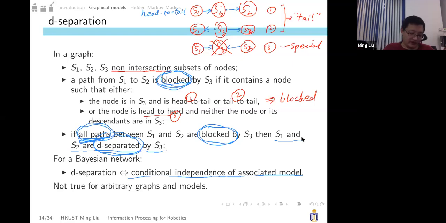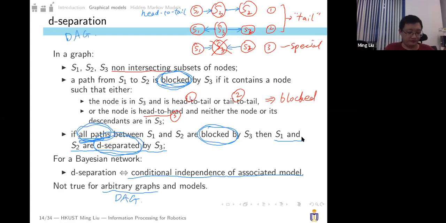And this is not true for an arbitrary graph. That means if the graph is not a DAG, or has some cycles, for example. It's not true for arbitrary graphs, but for a DAG, this is always true.